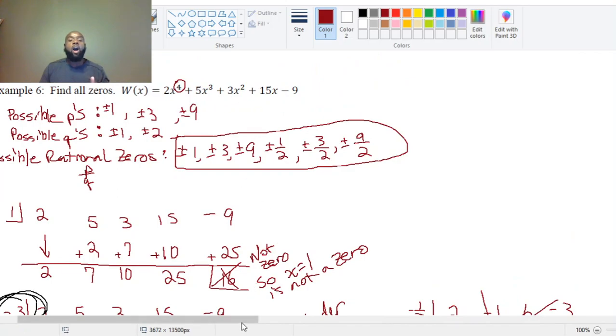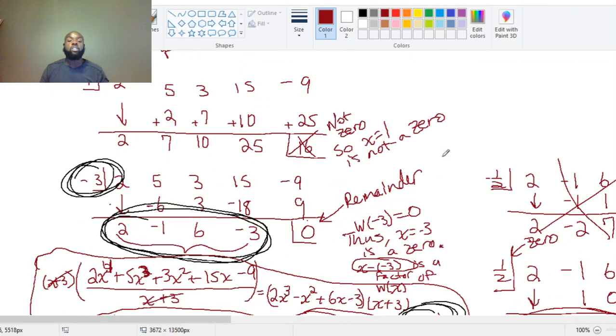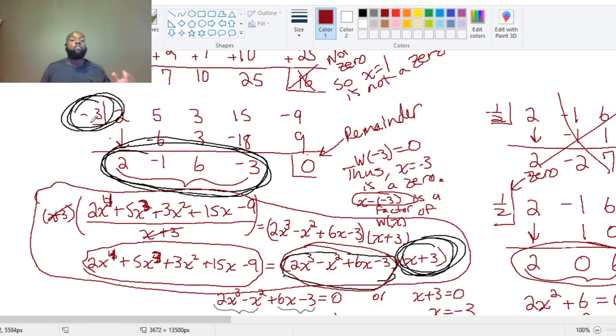Find all of your possible rational zeros by doing the p's over q's, right? The factors of p, factors of q, and the possible rational zeros are your possible p's over q's. Try them in synthetic division, right? Once you find that one of them is a zero, use the quotient and do synthetic division on that quotient to find your other zeros.